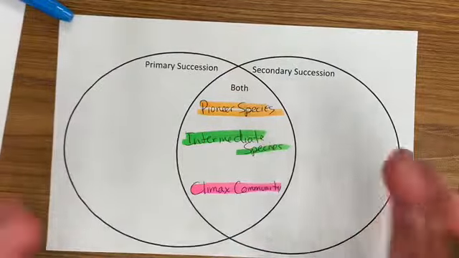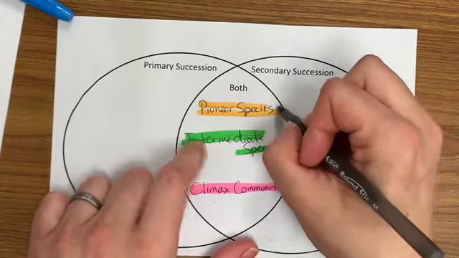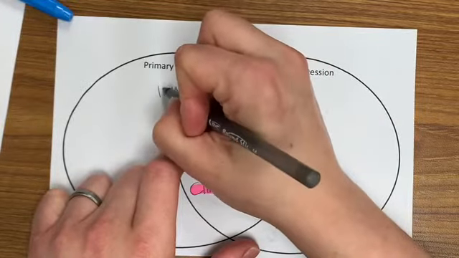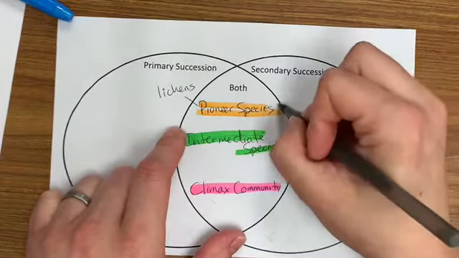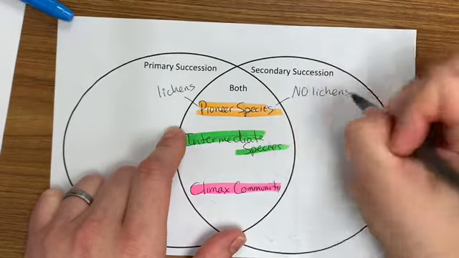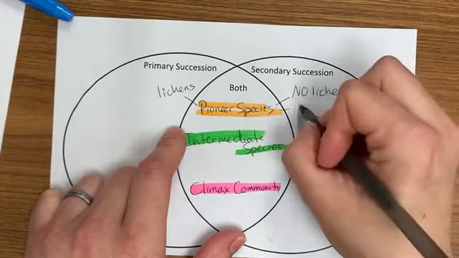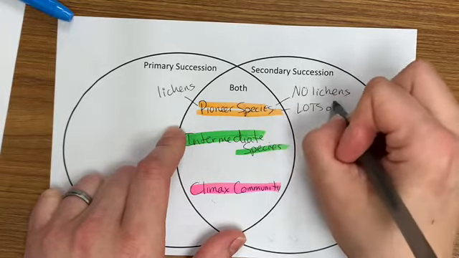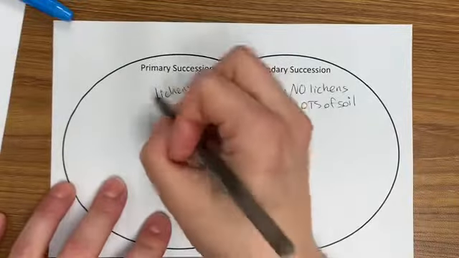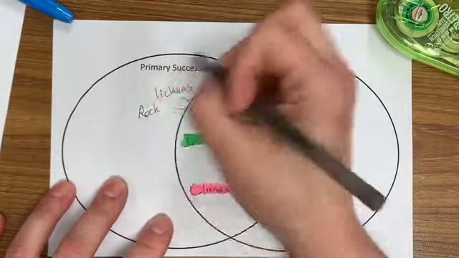Now let's look at just the specific differences. Primary succession has lichens because lichens grow on bare rock. Secondary succession, there are no lichens because there is no bare rock. It starts with soil. This already has lots of soil when we're dealing with secondary succession. Primary succession, lots of rock with very little soil.